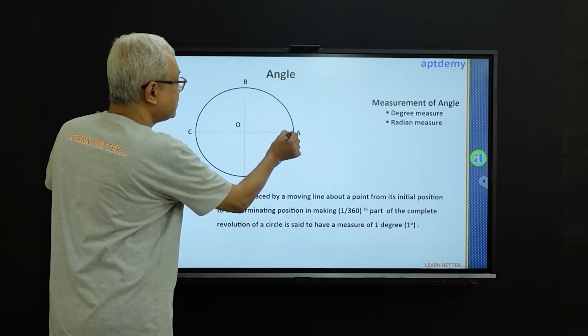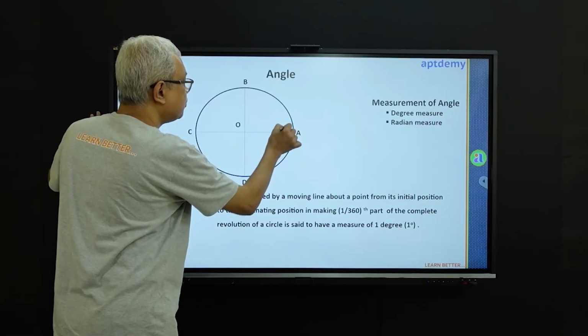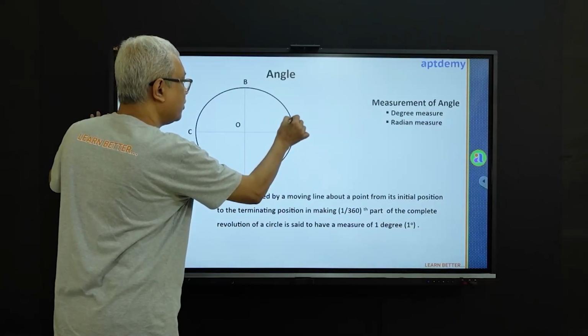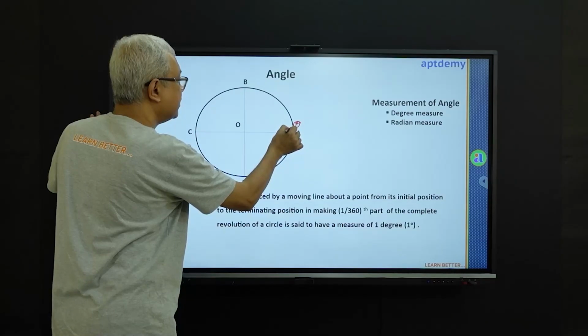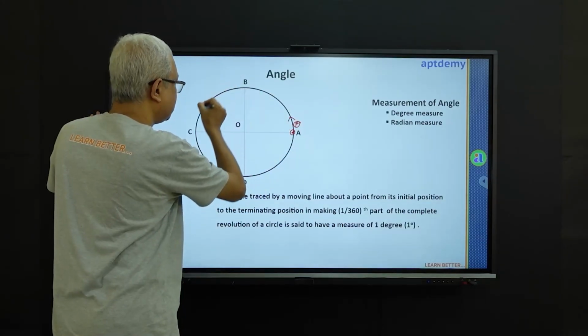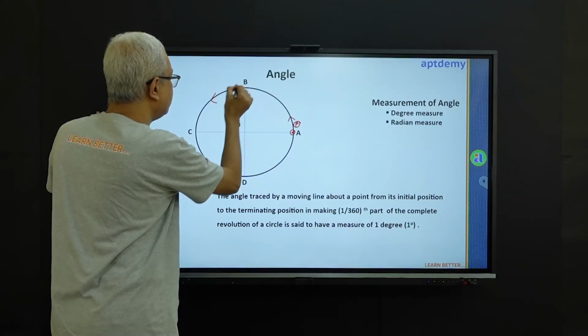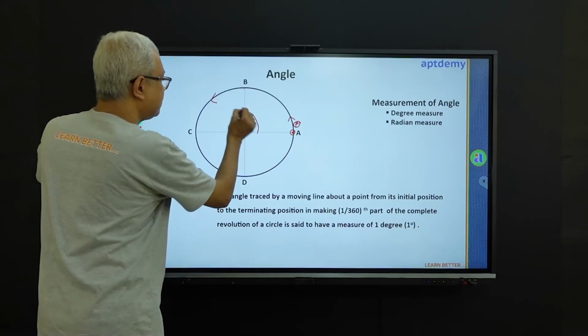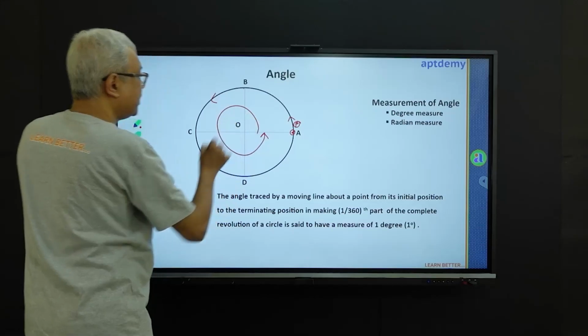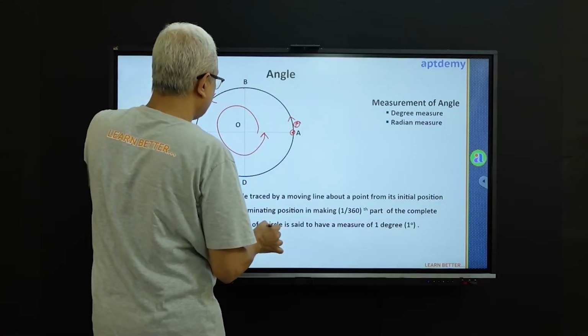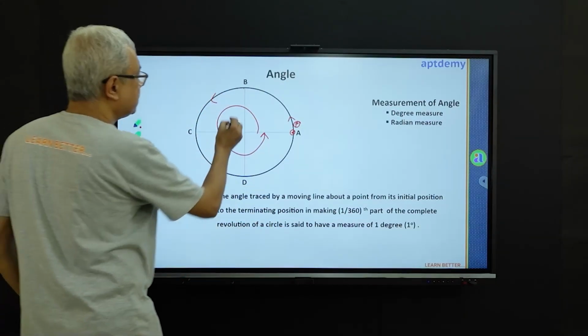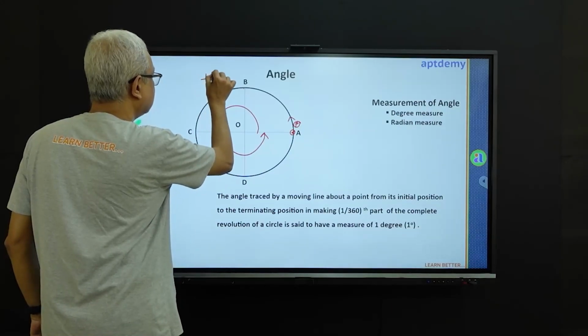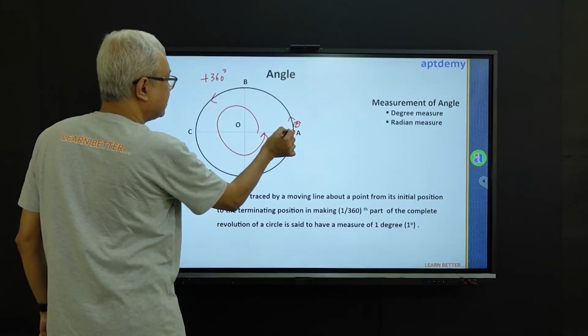That means the point P moves from position A in the anti-clockwise direction, it moves to B, then C, D, and comes back to A, and it traces an angle, since it is anti-clockwise rotation, of plus 360 degrees.